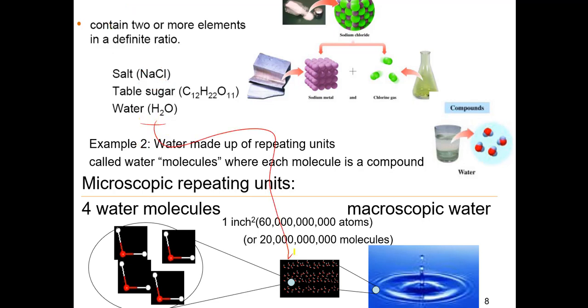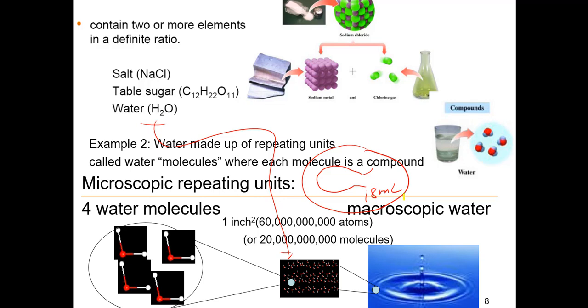We have to rely on models because the molecules are so small that we just can't see them. Just to put this into a frame of reference, there's my thumb. That thumb has roughly, if it was 3D, about 18 mL of water.